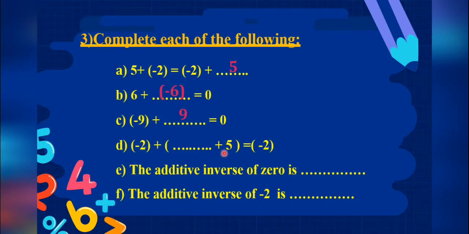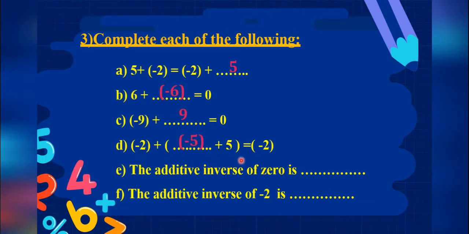To find the answer -2, I have to add 0 to -2. -2 plus 0 equals -2. So I have to make the result of this bracket equal 0. So 5 plus -5, yes, -5 plus 5 equals 0. If I add it to -2, the sum will be -2.